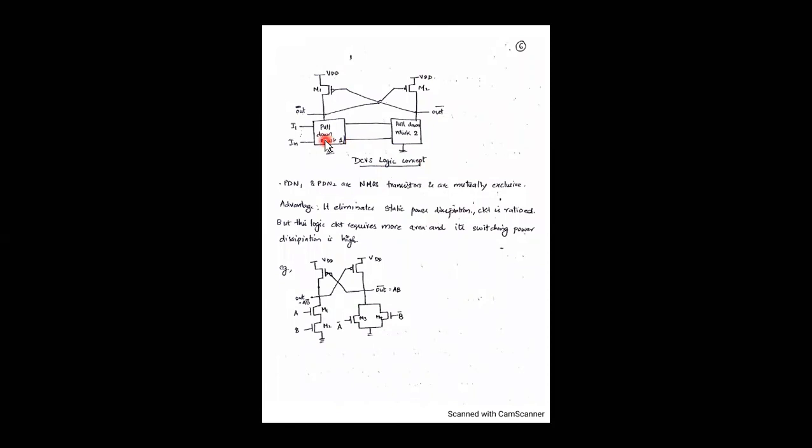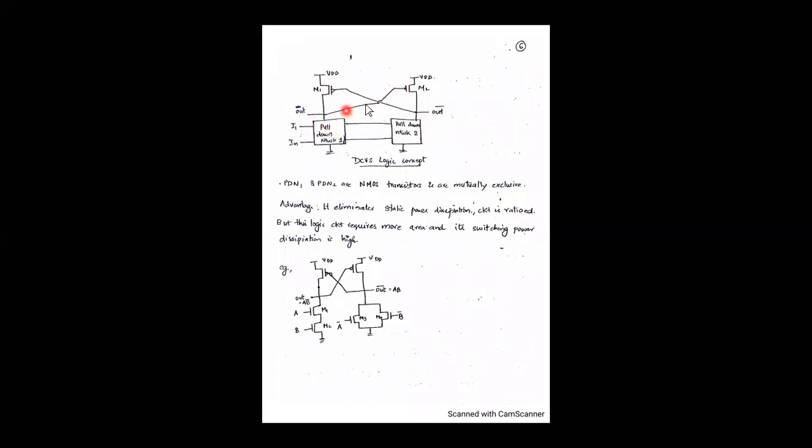We have a pull down network 1 and pull down network 2. The inputs are properly given, and then the PMOS section is provided at the top of both pull down networks. And in order to provide the feedback, we are taking the input of one pull down network to the output of the next network.